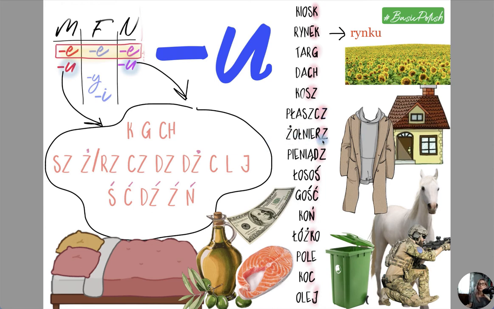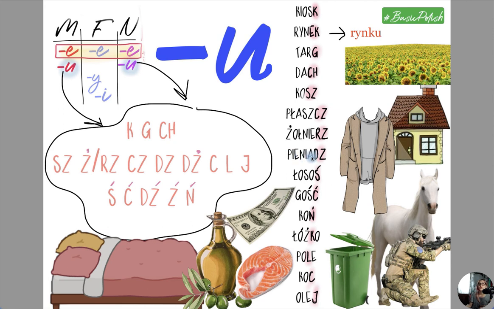Żołnierz is a soldier, so żołnierzu. You know that the sound R can be spelled in Polish as RZ or as the Z with a dot. This is the same sound, just spelled differently. You can see it exactly in this word, żołnierz. So żołnierzu is the ending for this word in the locative case.